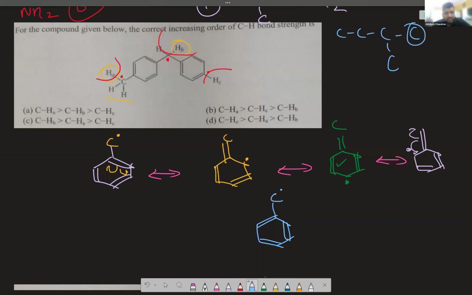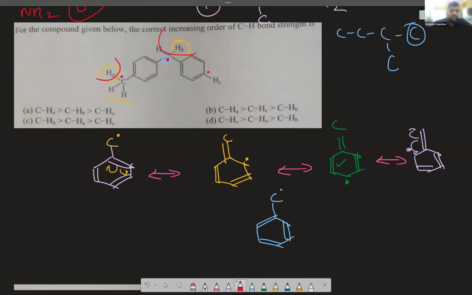What we just mean to say is that each benzene ring is going to cause some level of stabilization, right? So this free radical born out of removal of hydrogen B is doubly stabilized, right? There is one benzene ring on the left and one on the right side, which tells us that it's going to be doubly stabilized by this particular free radical formation.